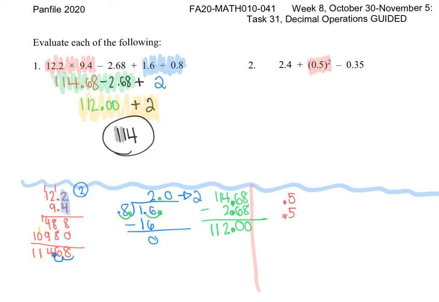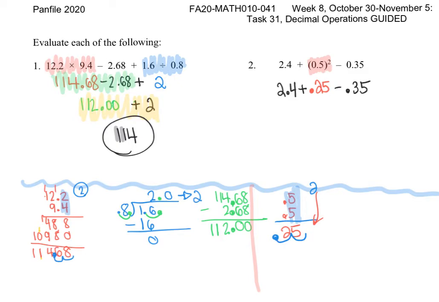And if you look at what's to the right of the decimals, there's 2 of them. So 5 times 5 is 25. But now if I'm placing that decimal there and moving it 2, I really get 0.25. So this is 0.25, and I'm going to rewrite everything else just as it was, 2.4 plus, and then minus 0.35 at the end.